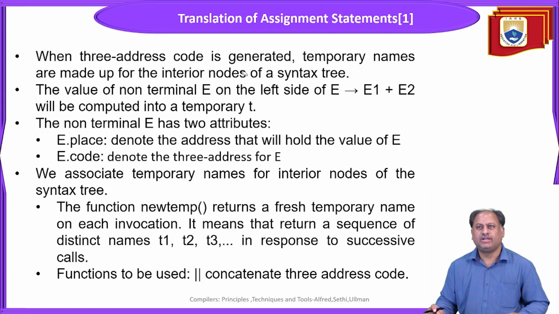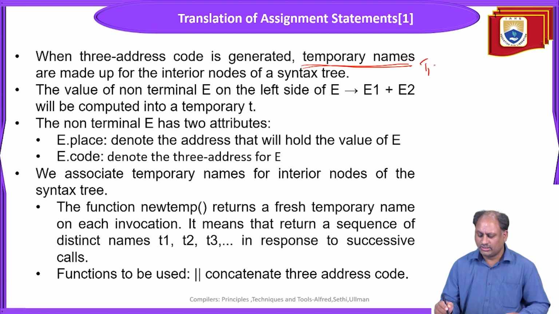Now, how is the syntax directed translation done for the given grammar? For the given grammar, first we consider a 3 address code notation for code generation, using temporary names. We use a lot of temporaries like T1, T2, etc., and we form a syntax tree.